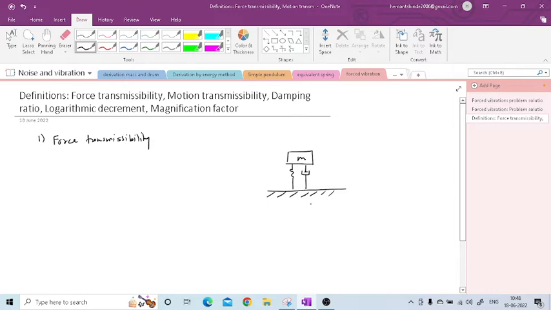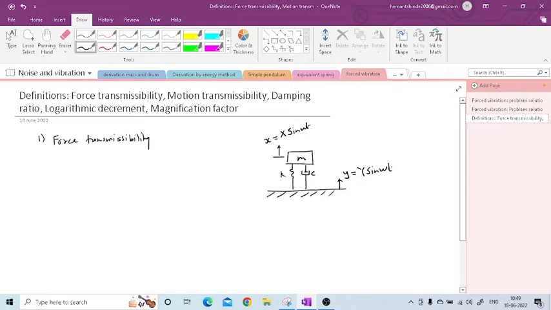Suppose this support has displacement y, equal to y sine omega t, means it is vibrating with SHM, and the displacement of this spring mass damper system is x. It is also vibrating with SHM, so its equation will be X sine omega t. This capital X means amplitude.